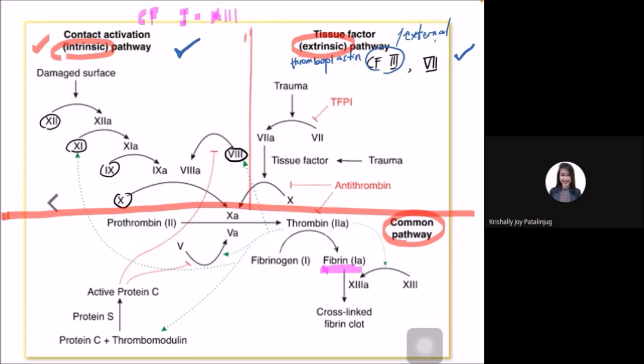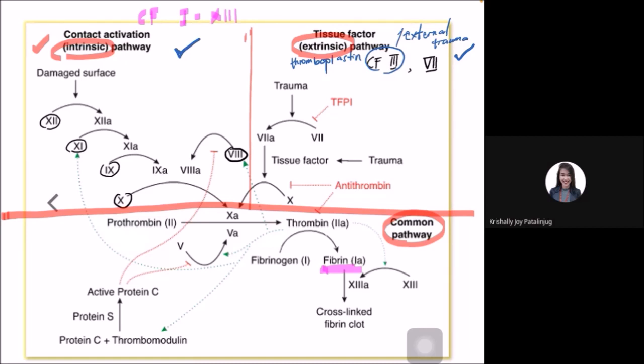It is caused by external trauma. Okay? So kapag may external trauma, that requires the blood to be lost, to be removed outside the vascular system. So yan yung extrinsic pathway activation kapag may external trauma.